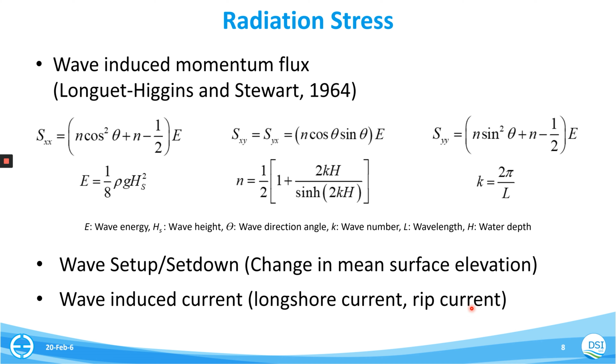And another, the rip current, is that at some locations along the shore, there will be a strong current that drags people away from the shore, and that's also one phenomenon that's related to the radiation stress.